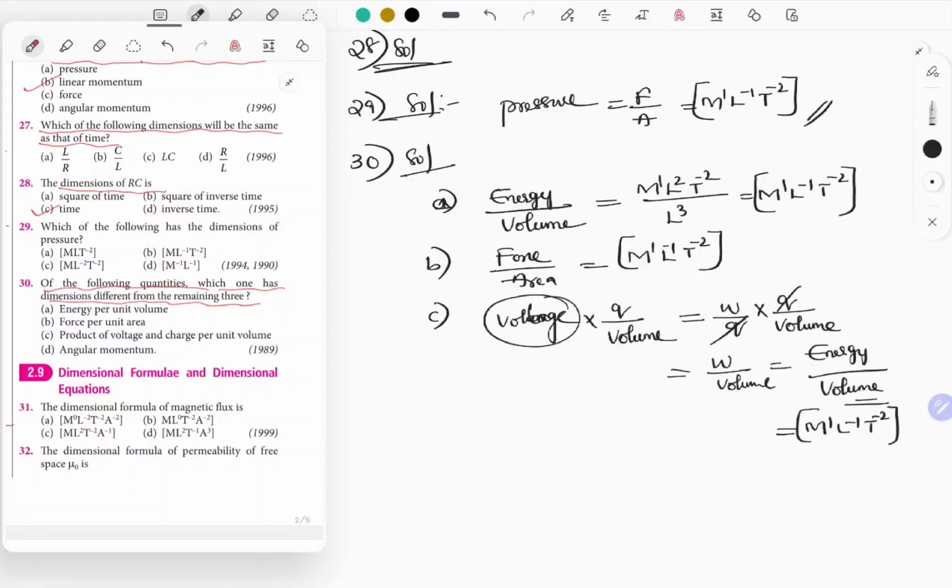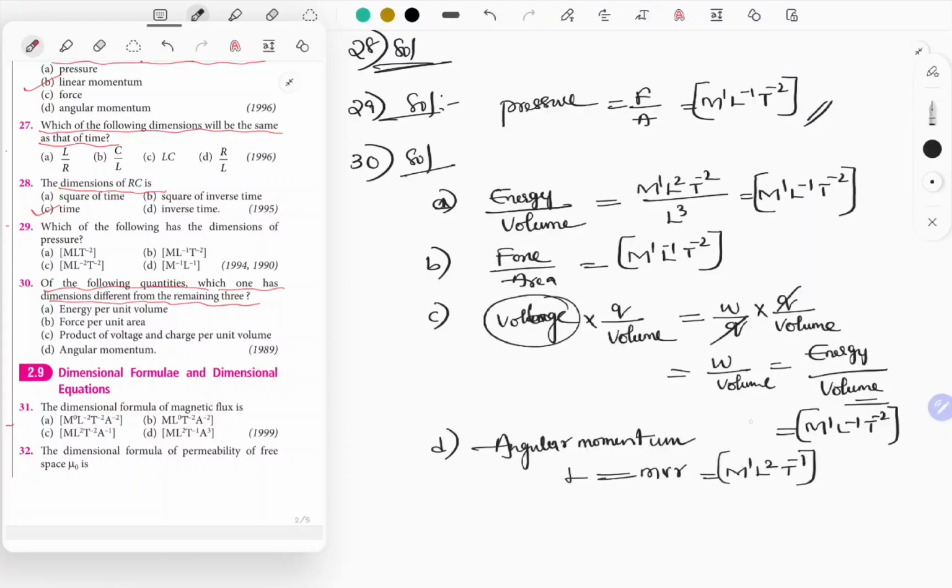Super. Next, option D, angular momentum. Angular momentum is represented as L is equal to mvr, which is equal to m power 1 L power 2 T power minus 1. Now check out what's the question they're asking.